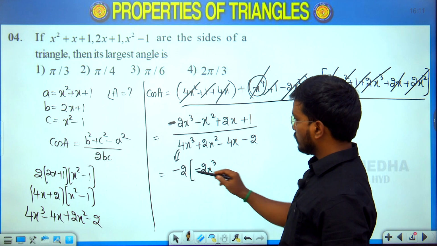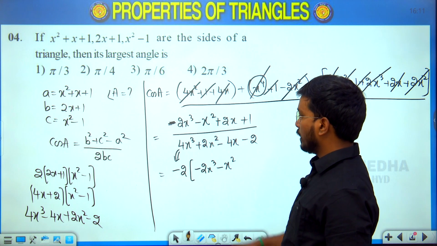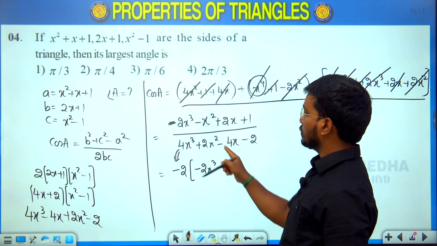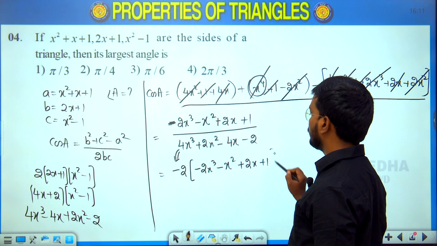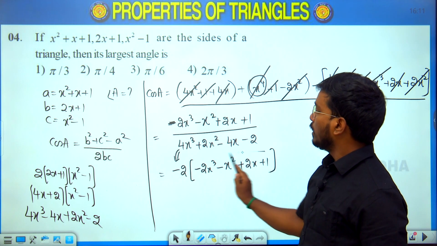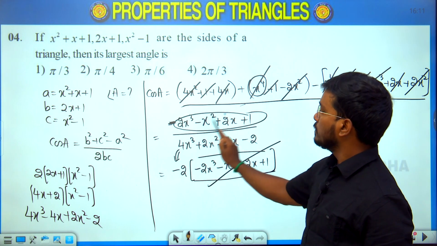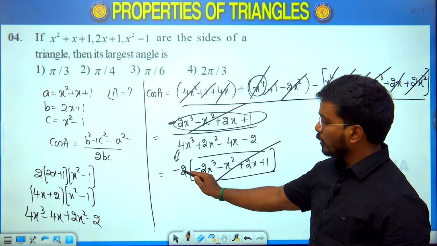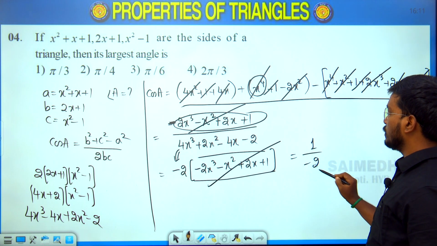Now, we are having 2 as common outside, so we can write here minus x square, that is minus into minus plus 2 into x square, 2x square. We need to write here plus 2x plus 1. So, now this part and this numerator part both are becoming same. So, we can cancel these two, and what is the left out part in the denominator? Only minus 2. So, answer is 1 divided by minus 2.